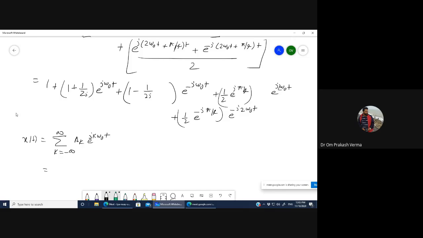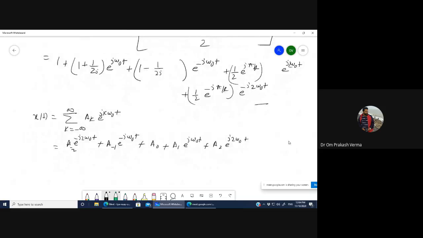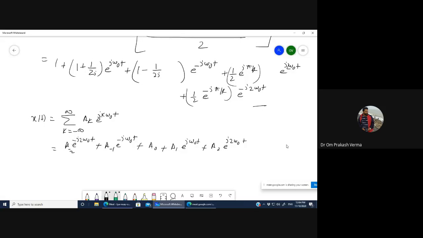So what does this mean? It means clearly a naught plus a1 e to the power j omega naught t plus a2 e to the power j2 omega naught t, and then plus a minus 1 e to the power minus j omega naught t and a minus 2 e to the power minus j2 omega naught t. Right. So which coefficients are given here? All the coefficients are given. Compare these things. So a naught is equal to nothing but 1. Right.